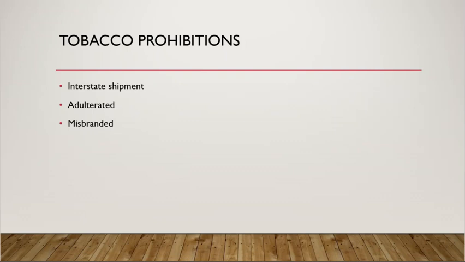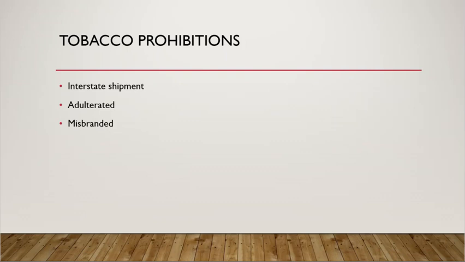Now, adulterated tobacco is filthy, putrid, or decomposed substances, or something that's been added that's poisonous or deleterious, something that's made under unsanitary conditions or manufactured not conforming to good manufacturing conditions. And we're going to talk about GMP in a week or so.